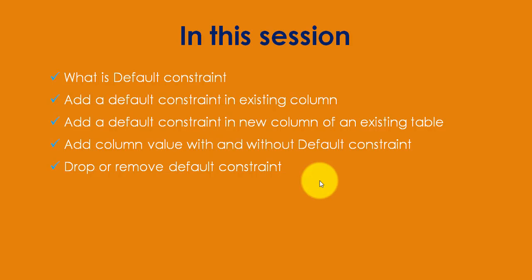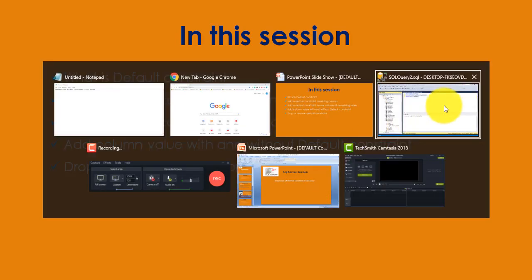The next one is adding a default constraint to a new column of an existing table. If the column is not there and you want to add a new column, how do you add the default constraint? So go to SQL Server.